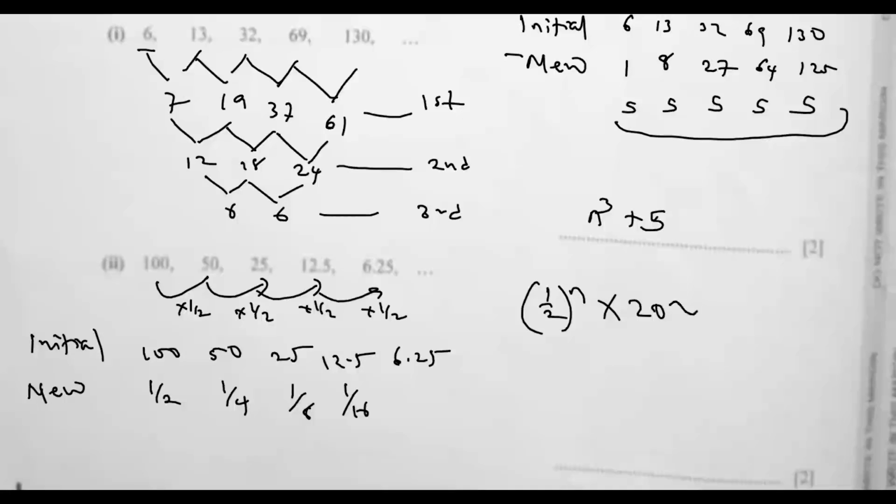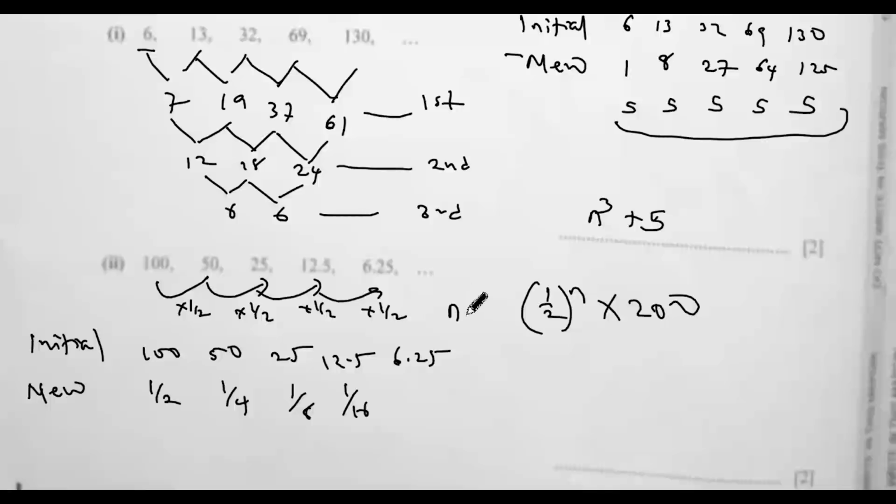If I do that, I will get each of the terms in the initial sequence. So let's test this. When n is 1, I have 1 over 2 times 200, it will give me 100. When n is 2, it will give me 1 over 4 times 200, and that will be 50. So this is correct. This will be my nth term.